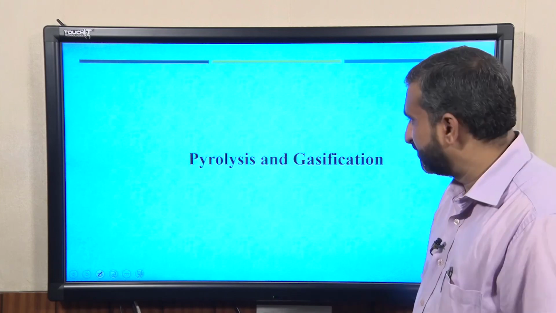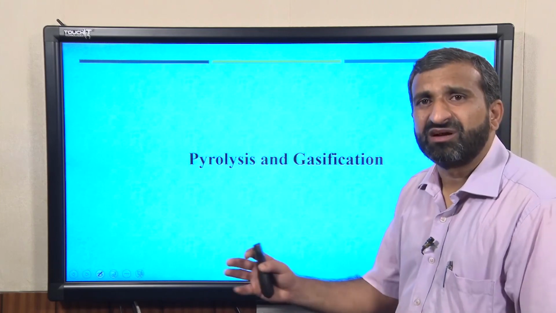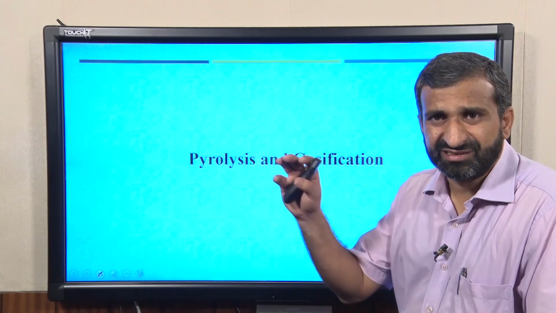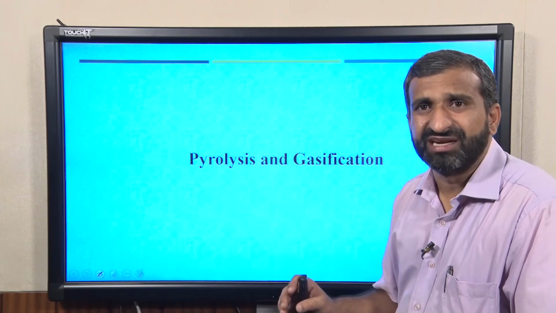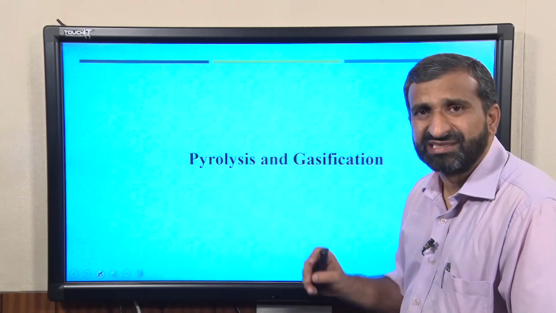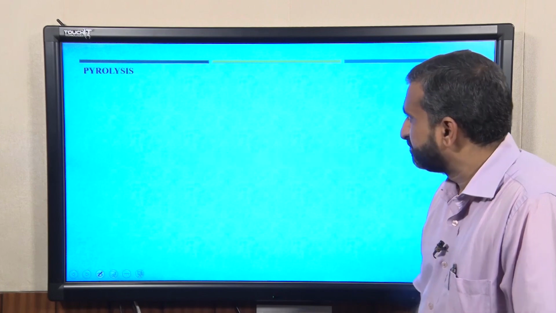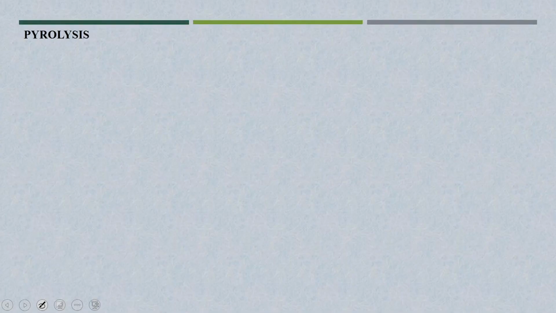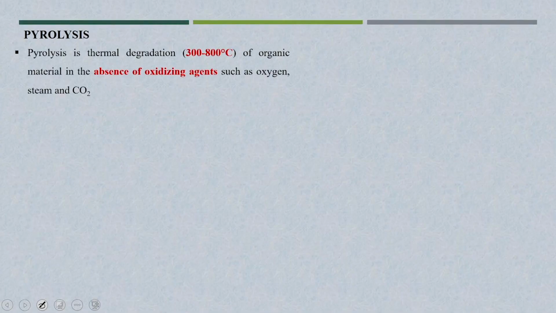Now, I was sharing that there are other thermal facilities apart from incineration: pyrolysis and gasification. Pyrolysis is also a thermal degradation, but the temperature is only around 300 to 800 degrees centigrade, especially for organic material, in the absence of oxidizing agents such as oxygen, steam and CO2.